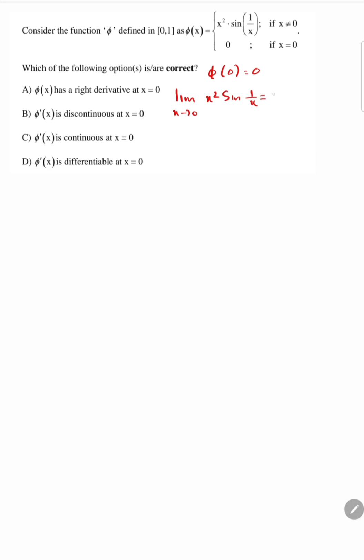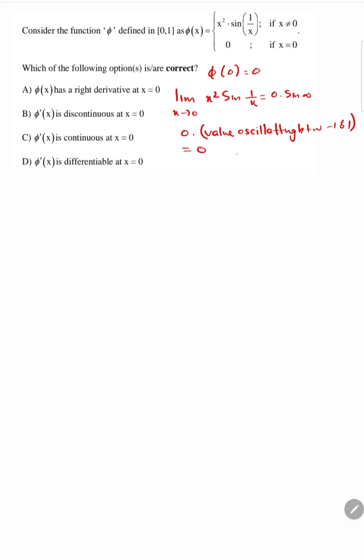Now when I substitute, what I am getting is 0 into sine infinity, which means 0 into a value oscillating between minus 1 and 1. So its product will definitely be 0.